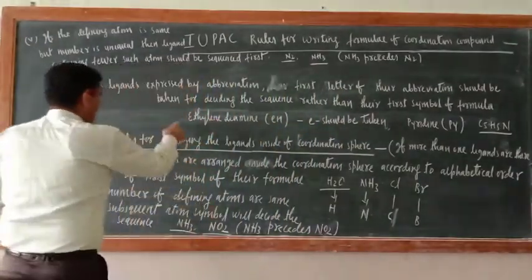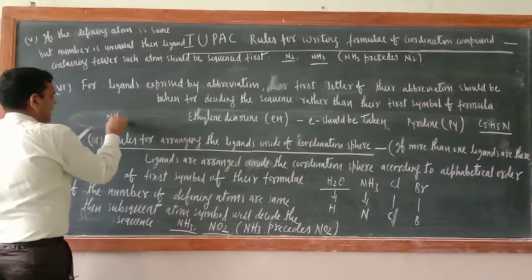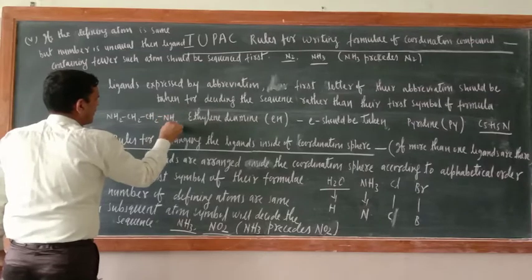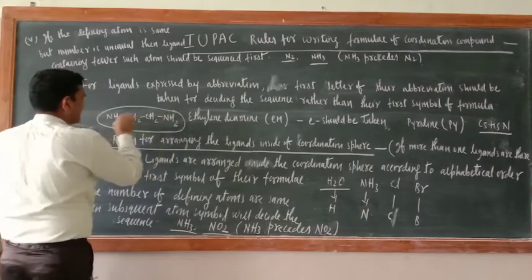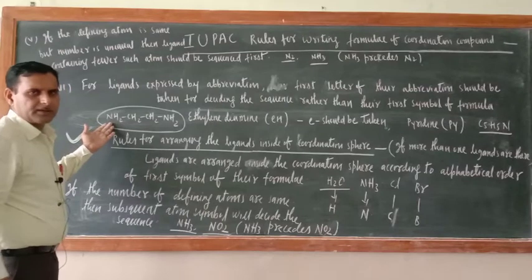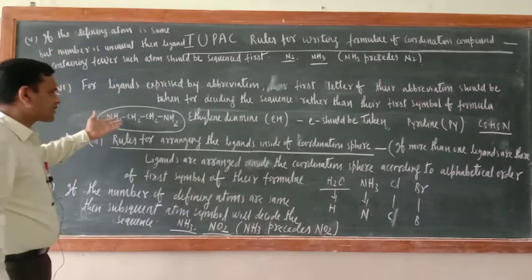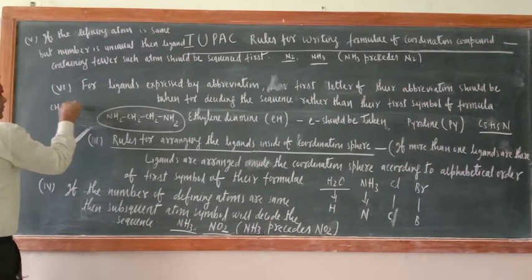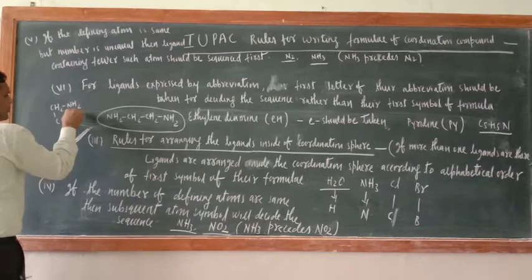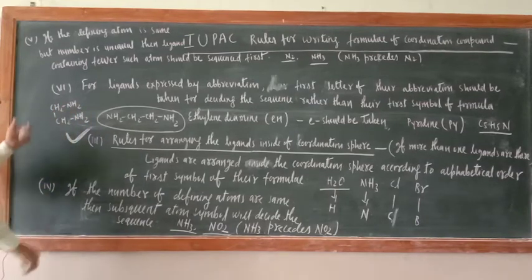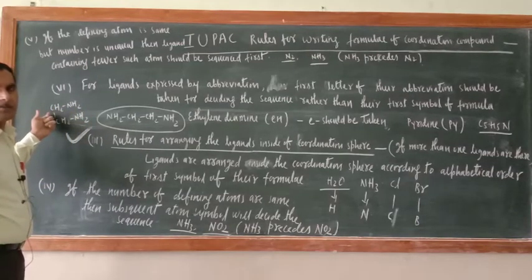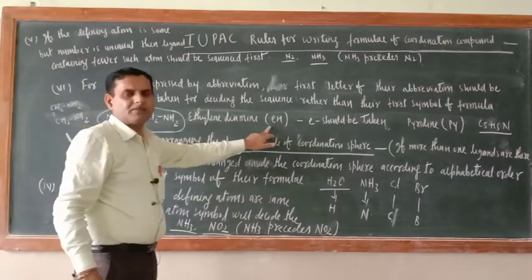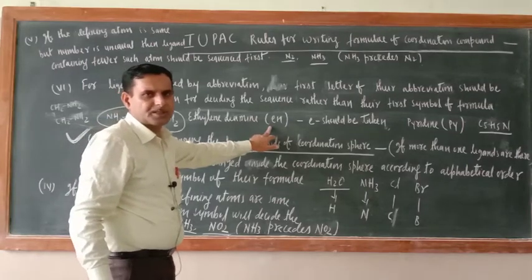Similarly, ethylene diamine has various ways to express it: NH2 CH2 CH2 NH2, or we can write CH2 NH2 CH2 NH2. So it is very difficult to decide the first letter of the formula. That is why scientists said that the first letter of the abbreviation should be taken into consideration.